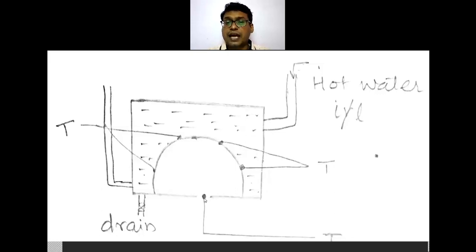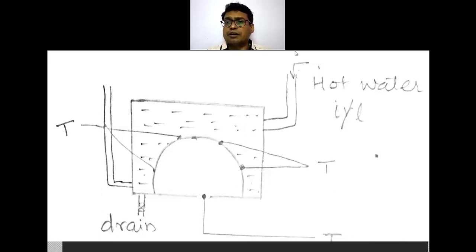This disk absorbs the heat by radiation from the hot surface. So there is a heating vessel on the top of this experimental apparatus.